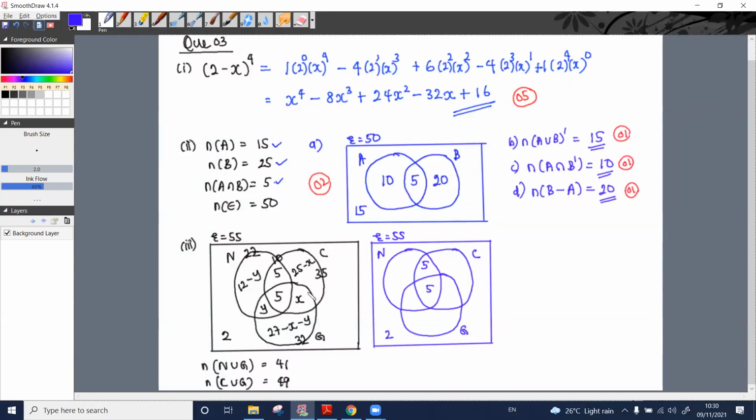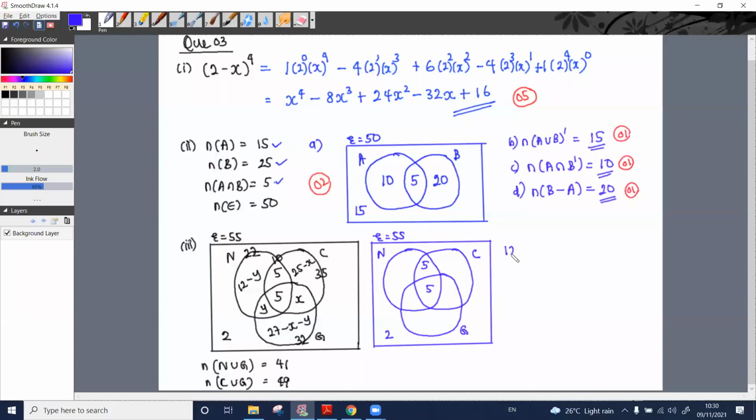Now we need to find the value of this x and y. For that, we can make the use of this. Number of members who like Nalin or Gyan, either Nalin or Gyan, is 41. Nalin or Gyan කියලා කියන්නේ මෙන්න මේ circles දෙක. එතකොට කොහොමද? 12 minus y.